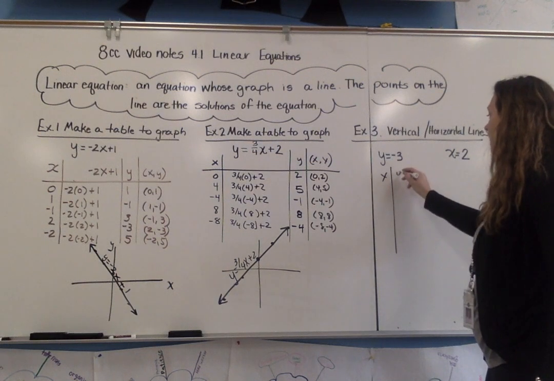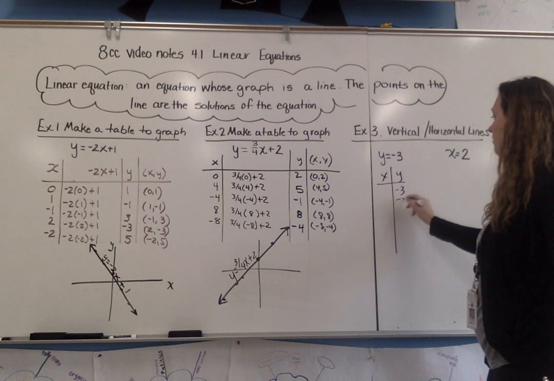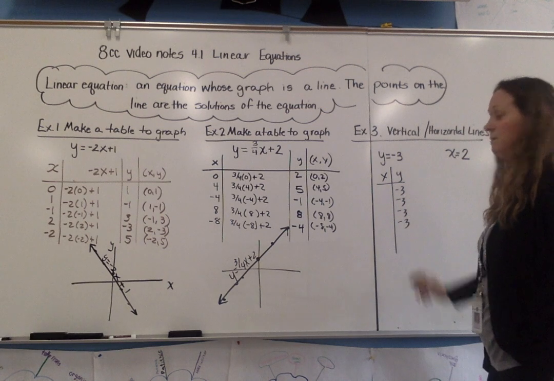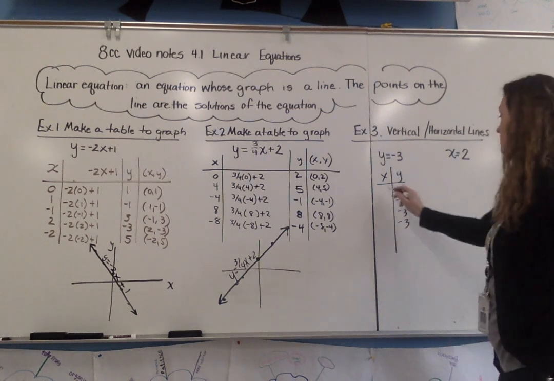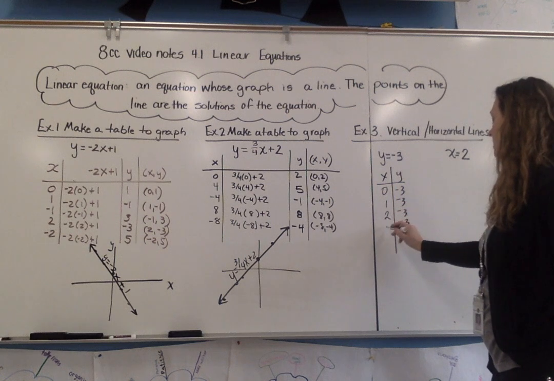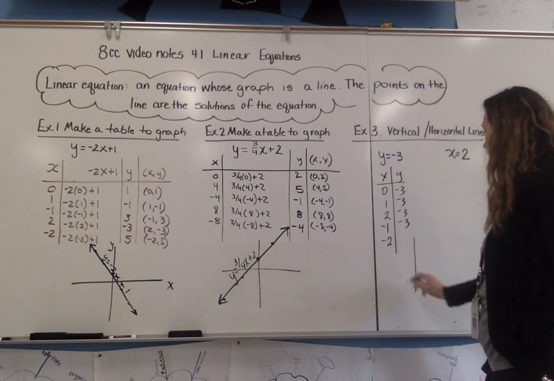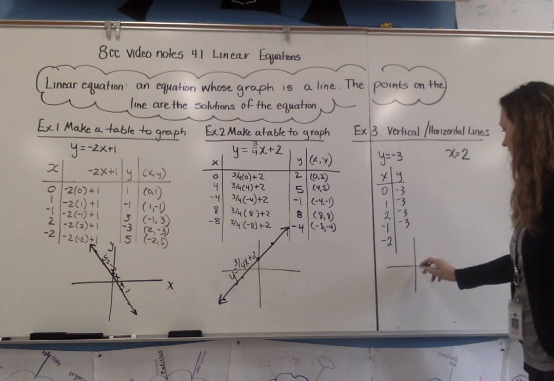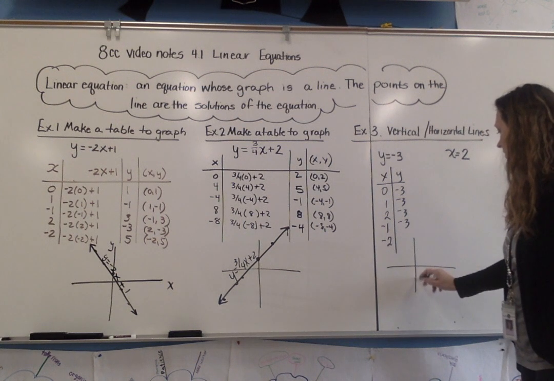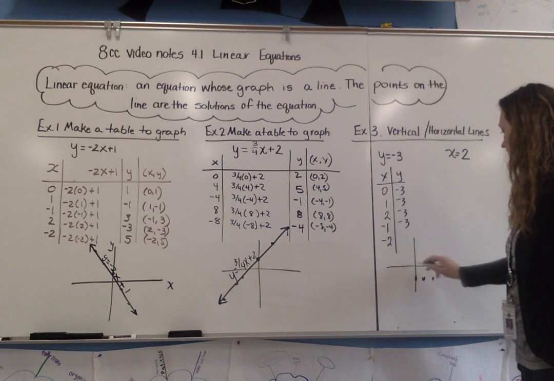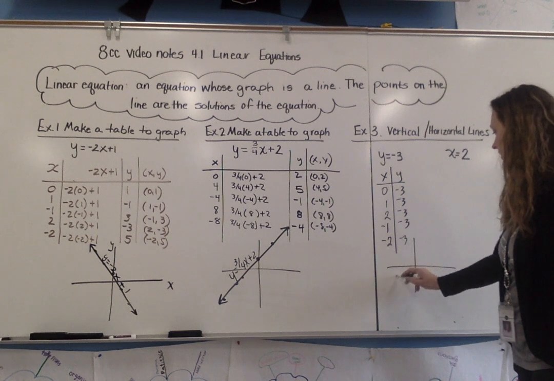If I were to make a table, all of the values for y have to be -3. That means anything can be the values for x. When I graph this, if x is 0, y is -3; 1, -3; 2, -3; -1, -3; -2, -3.